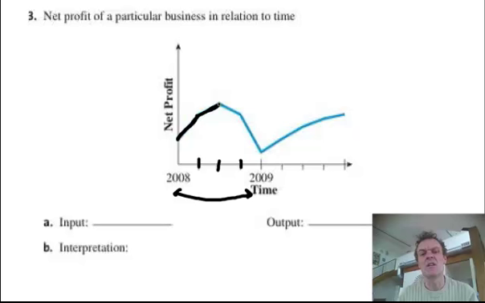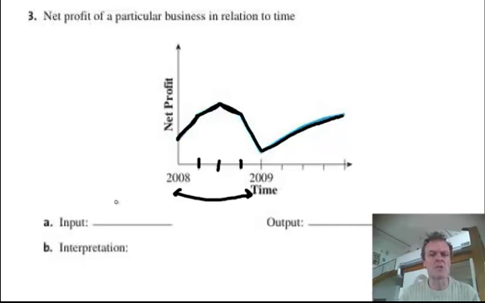Now all of a sudden, third quarter, profits seem to go back down. You're still making a profit, but it's not as much. Profits are decreasing, and then sharply, profits really decrease over the last quarter. So that's what we're saying here: increasing and decreasing. And over this next year, things are increasing slowly, but profits are increasing.